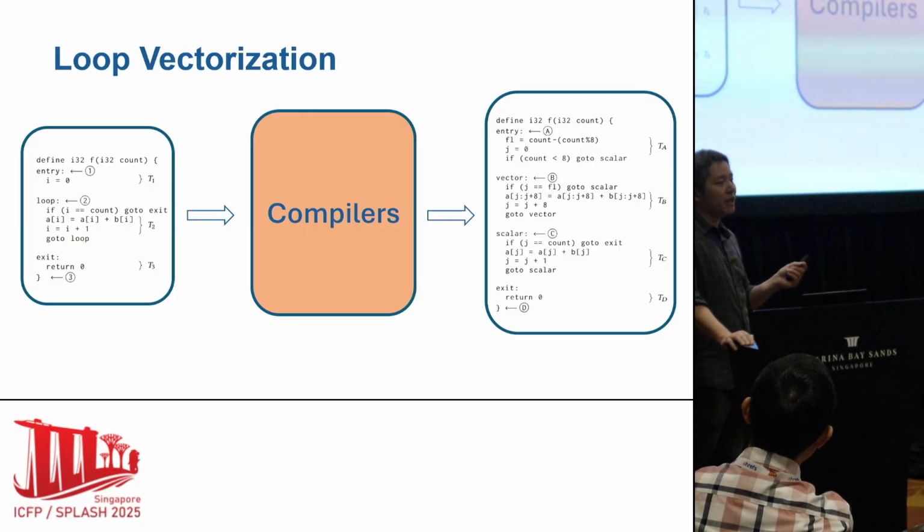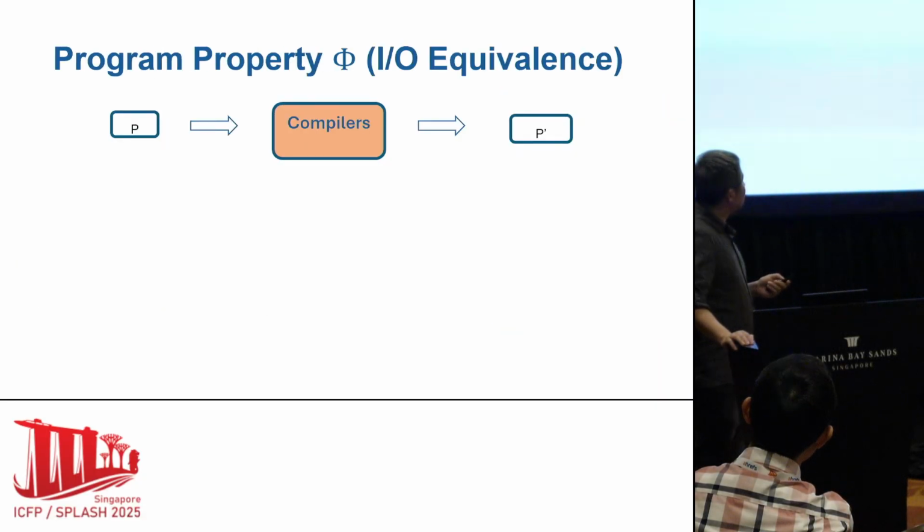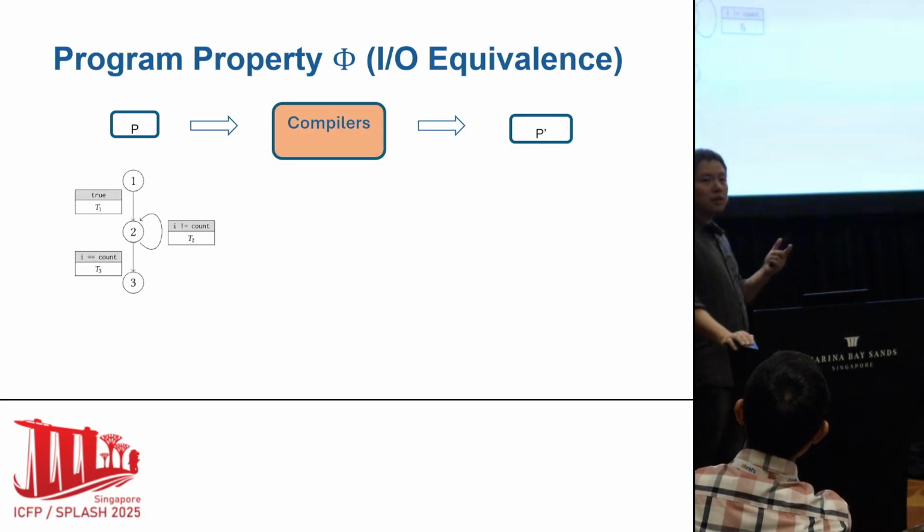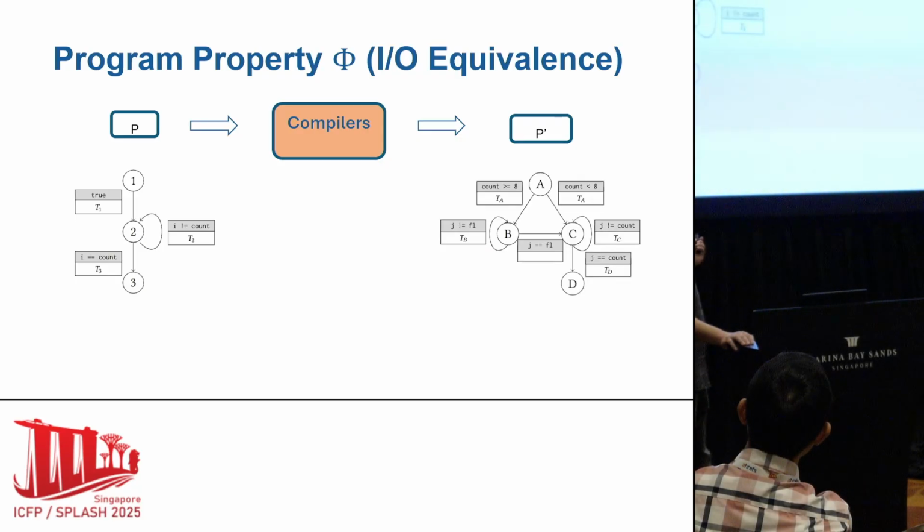the loop bound is actually determined by an input. Okay, so in order to do the translation validation, we will be interested in this I/O equivalence property, because we want these 2 programs to be equivalent. Okay, so we will be looking at the control flow graph of the 2 programs. Although in this case, technically speaking, this is not a control flow graph.